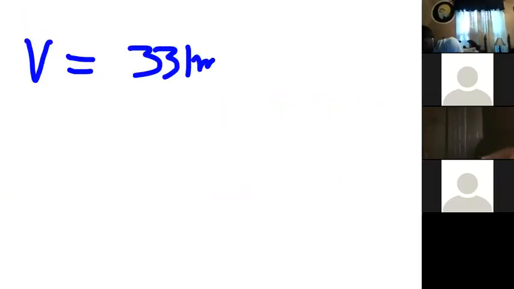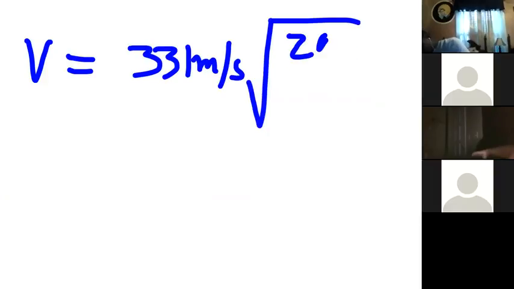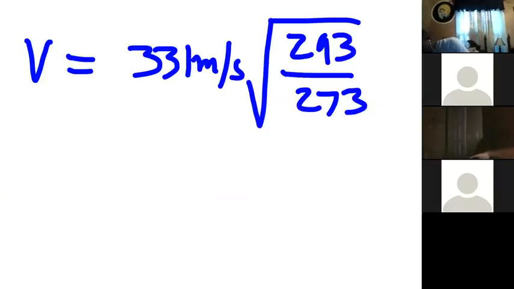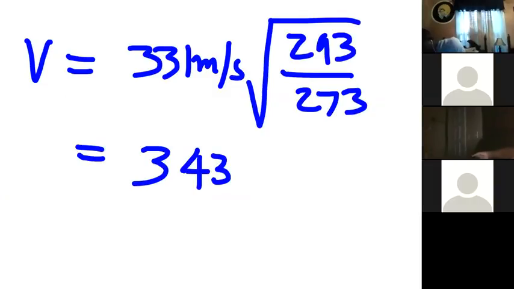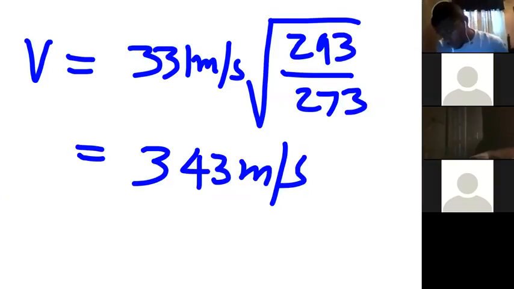So the v will now be 331 meters per second times the square root of 293 over 273. And that will give you 343 meters per second. So you've shown that the textbook claim is correct. The speed of sound at 20 degrees Celsius will be 343.